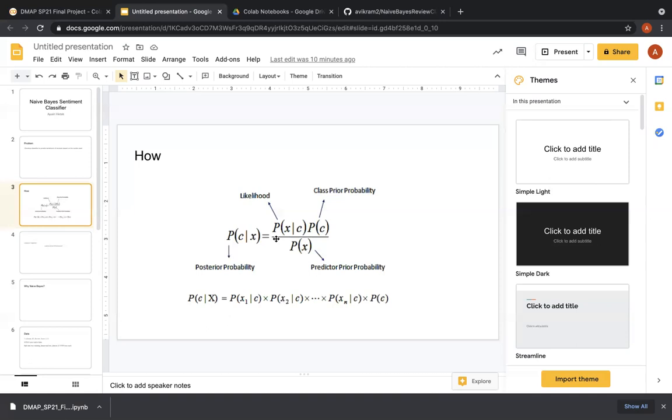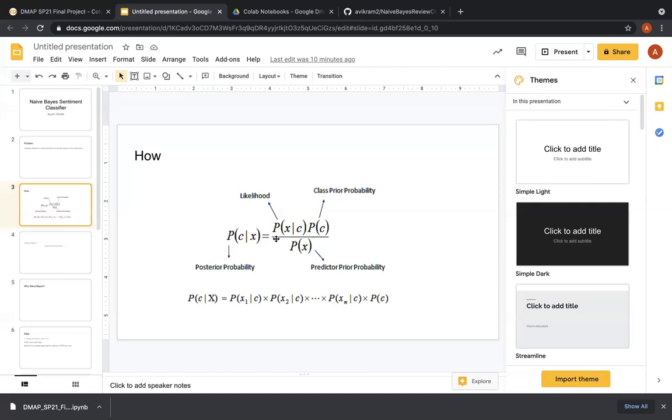It can be bigrams, which are pairs of consecutive words. It can be any other degree of n-grams as well. So the likelihood probability is the probability of these words, which can be unigrams, bigrams, and so on, given C, the class, either positive or negative.